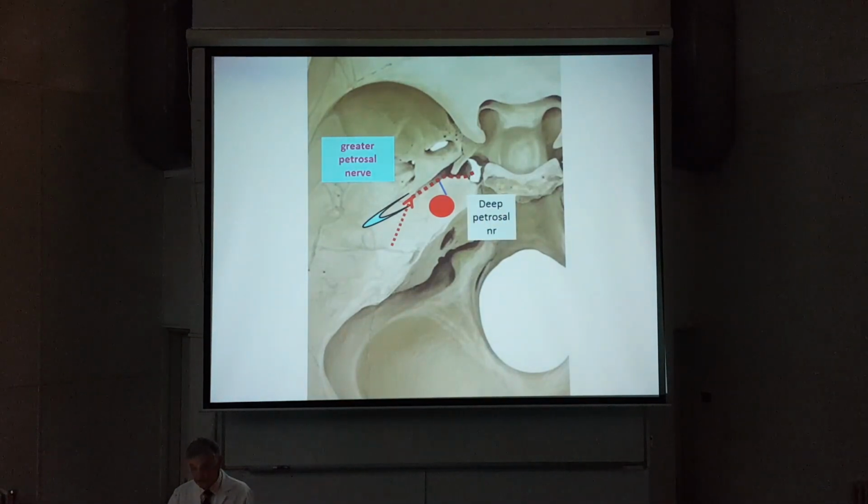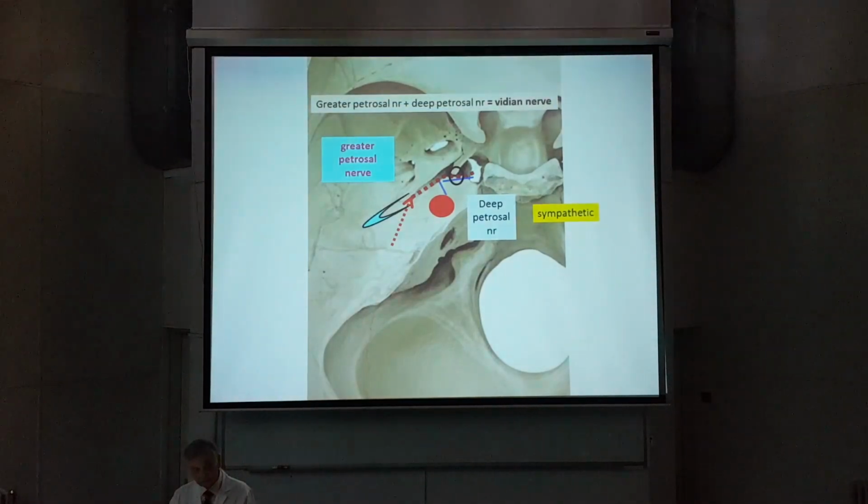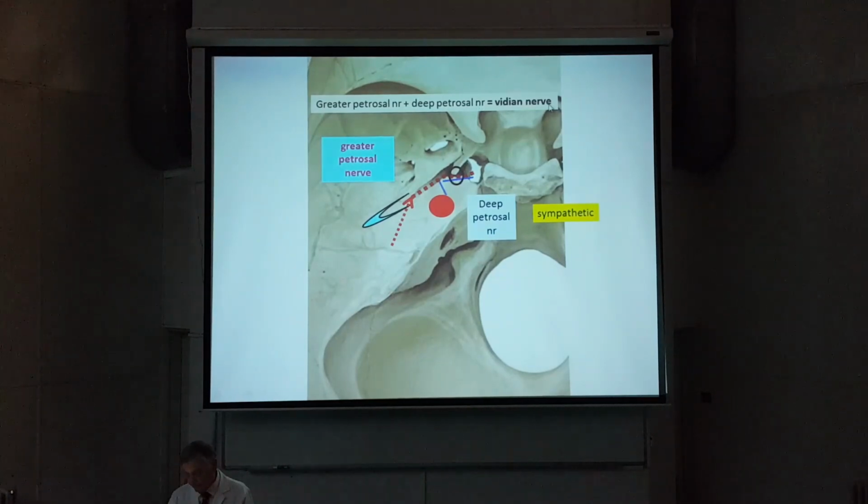This nerve is called deep petrosal and joins the greater petrosal nerve. It's sympathetic, and we start having a nerve which has sympathetic and parasympathetic. This nerve is called the nerve of the pterygoid canal. So it's the greater petrosal plus the deep petrosal equals the nerve of the pterygoid canal.